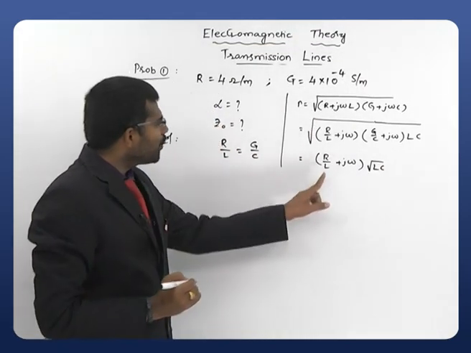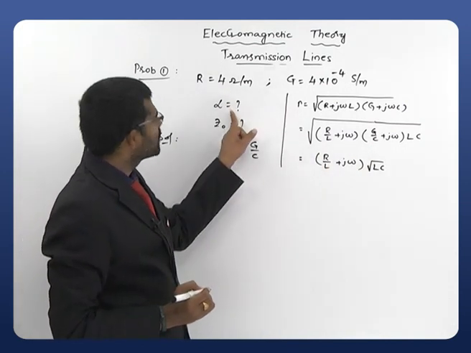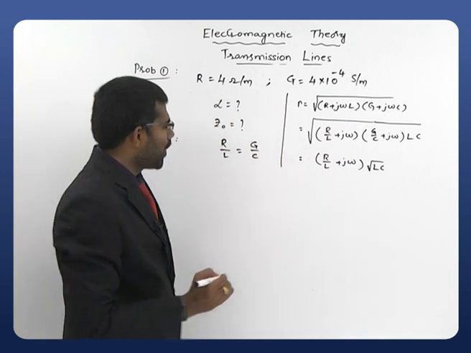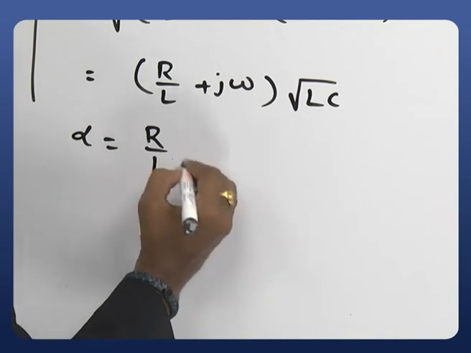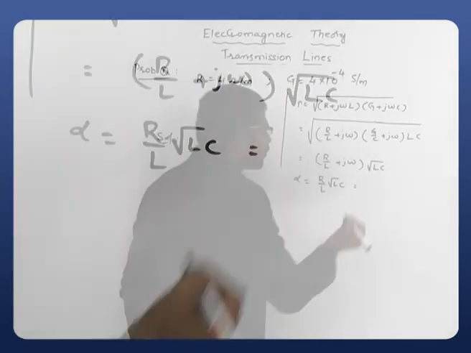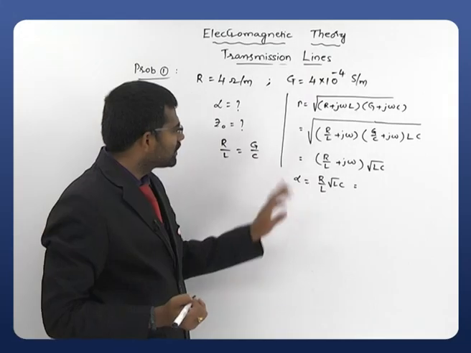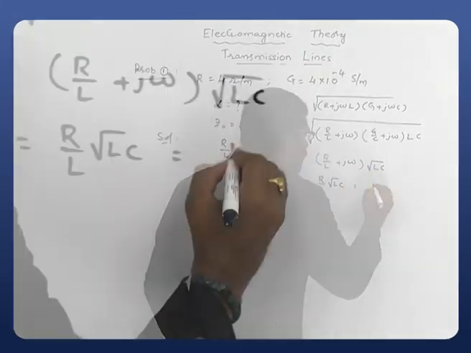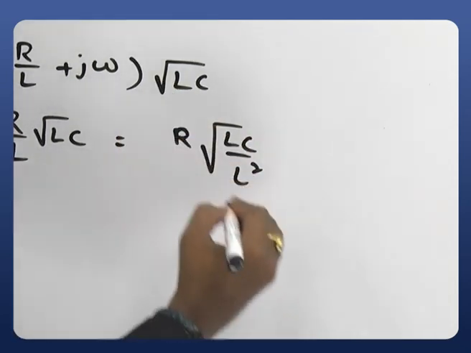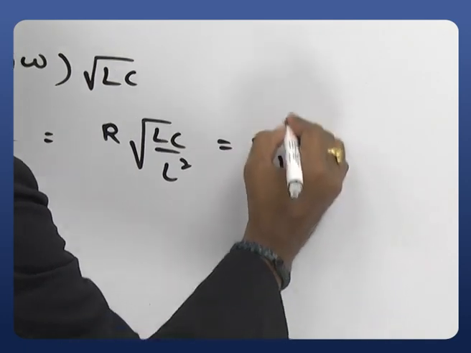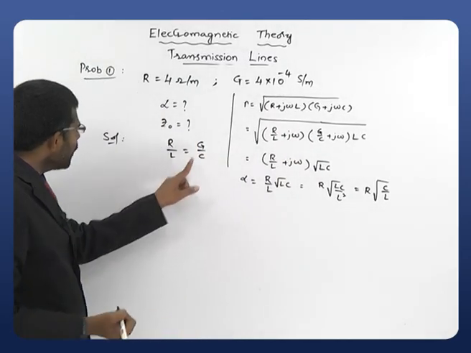Now equate the real part to alpha and the imaginary part to beta. Here what we require is just alpha, so take the real part. Alpha is equal to R by L times root LC. Now I want to simplify this term. It becomes R root LC by L square root, L will be cancelled, which is equal to R root C by L. Now what is C by L?